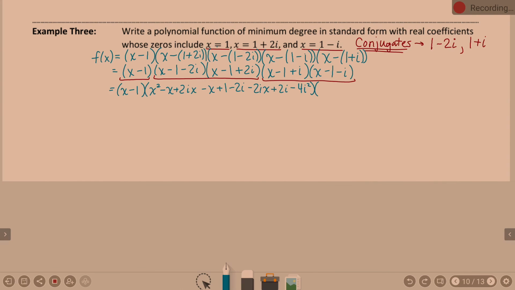x squared minus 1x minus ix. Middle negative 1, I'm going to distribute it: minus 1x plus 1 plus 1i. And I'm going to distribute the i: plus ix minus 1i minus i squared.